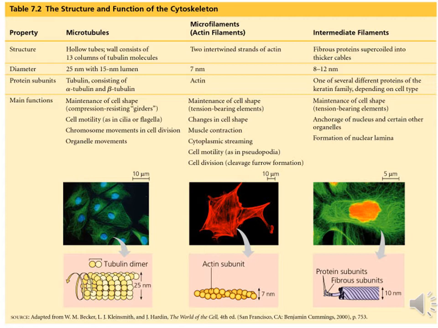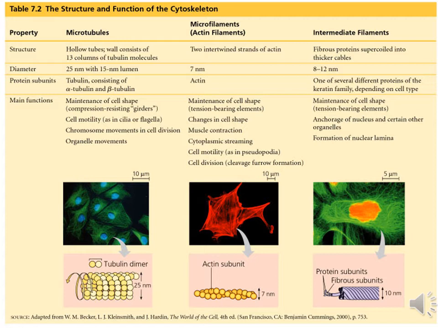The third component of the cytoskeleton includes intermediate filaments. They are fibrous proteins supercoiled into thicker cables, mainly including one or several different proteins of the keratin family, depending on the cell type. Keratin is the protein which forms the intermediate filament.